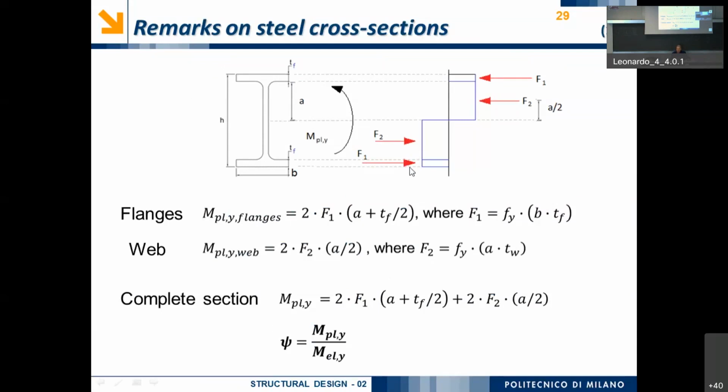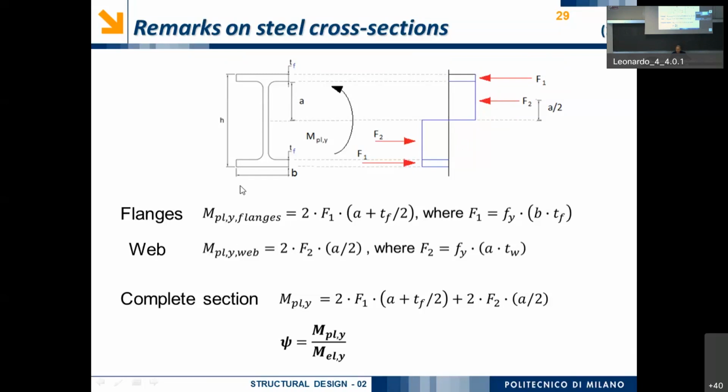In the plastic range, I have a situation like this, in which the entire cross-section is with the yielding stress. So the entire cross-section is plastic. So the upper part is plastic in compression, for example, and the bottom part is plastic in tension.